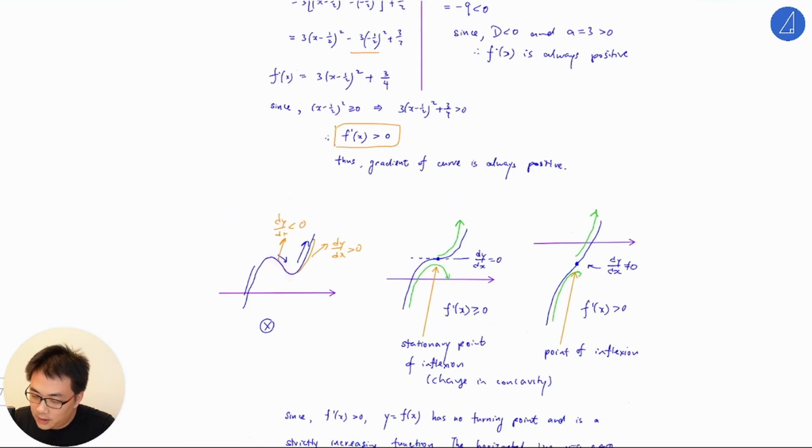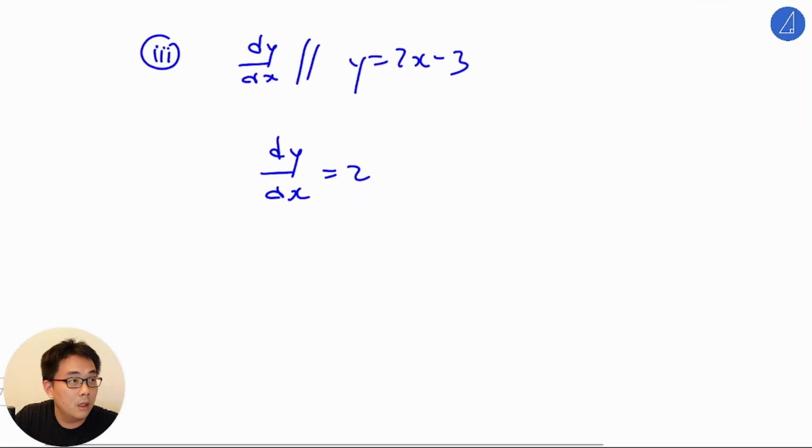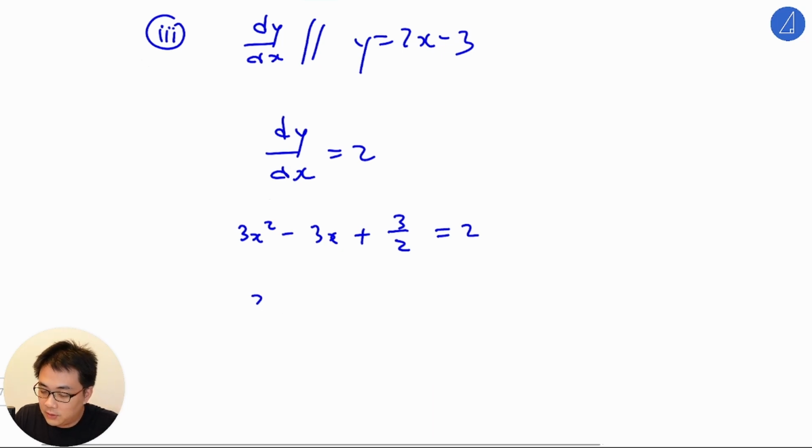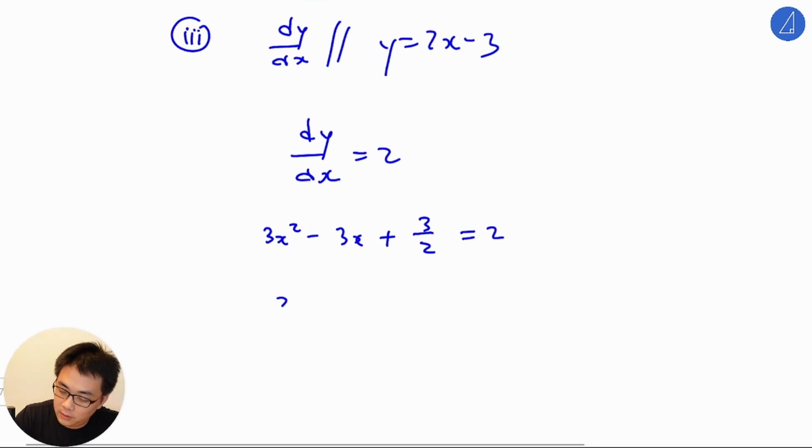dy/dx = 3x² minus 3x. Then they never ask for exact, so please don't go and give exact.